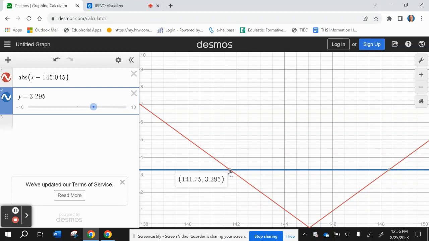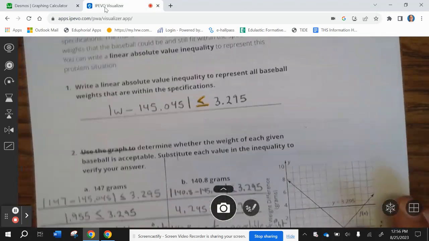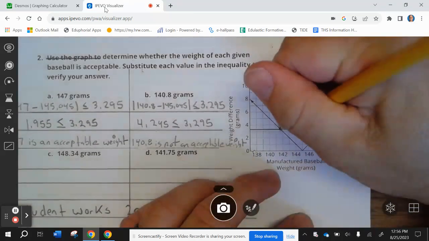We want this point and this point. Okay. Those points are right here.